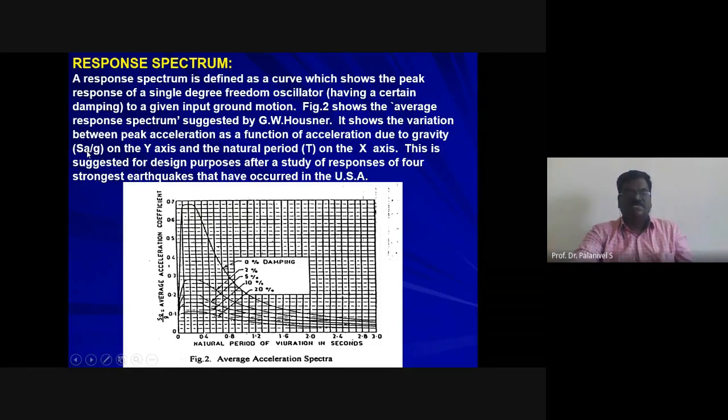Maximum trace acceleration is taken on the y-axis and the natural period T on the x-axis. This is suggested for design purposes after a study of the response of four strongest earthquakes that have occurred in the USA. Okay, this is the explanation for response spectrum.